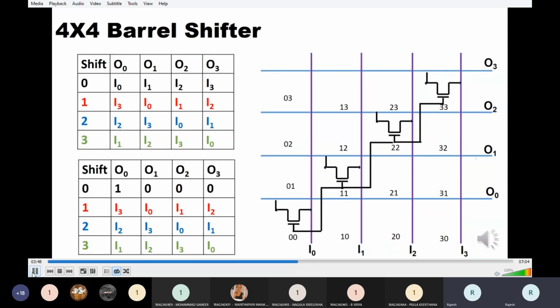We will try to understand the working of the 4x4 barrel shifter with the help of the given table and the circuit. Here we have taken 1,0,0,0 as an input, which is the decimal equivalent of 8. Now we want 0 shift. So we have 4 inputs and 4 outputs, and to connect the input to the output we require 4 transistors.